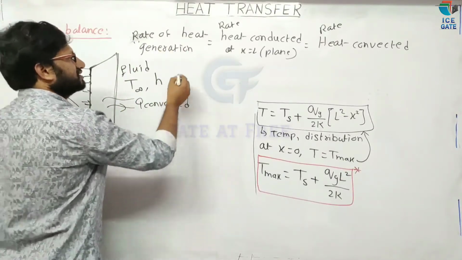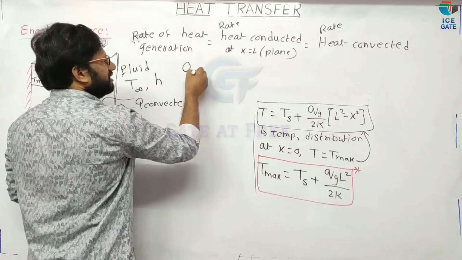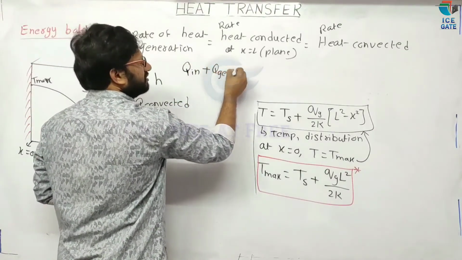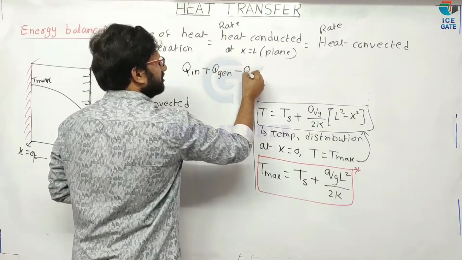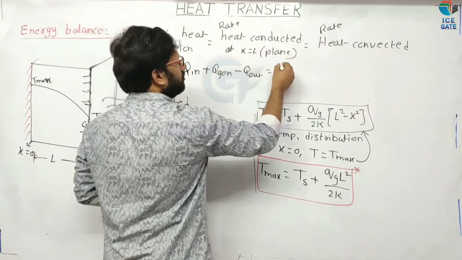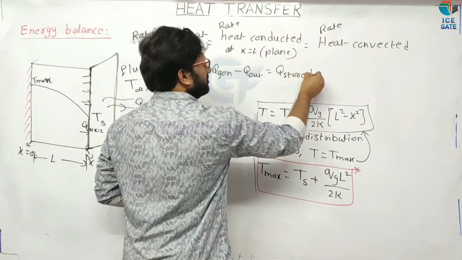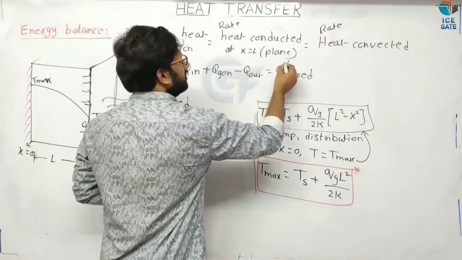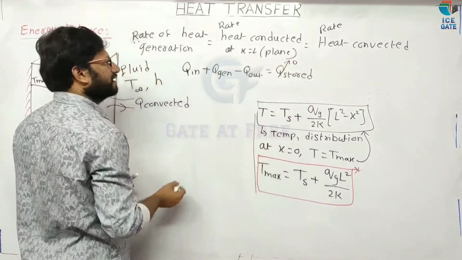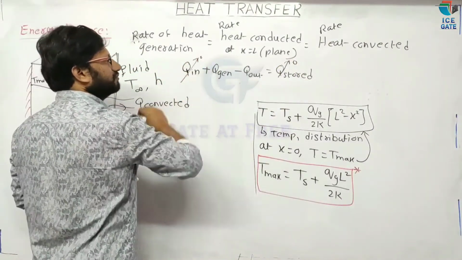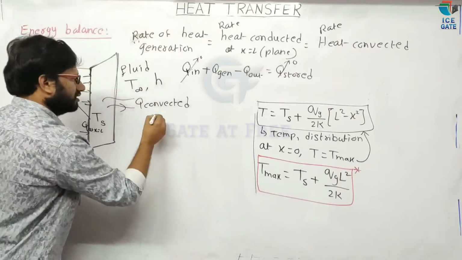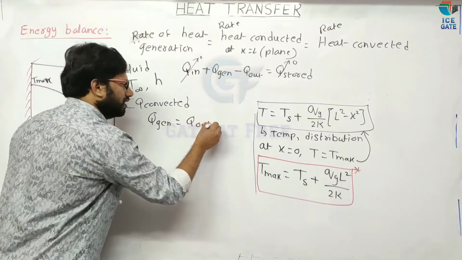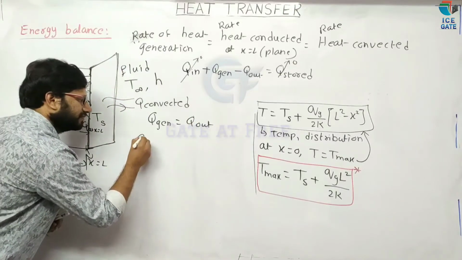Or you can write like this: by the energy balance equation, Q in plus heat generation minus Q out is equal to Q stored. As it is steady state, Q stored is equal to 0. There is no heat input. Now, remaining is Qg is equal to Q out. What is heat generation?